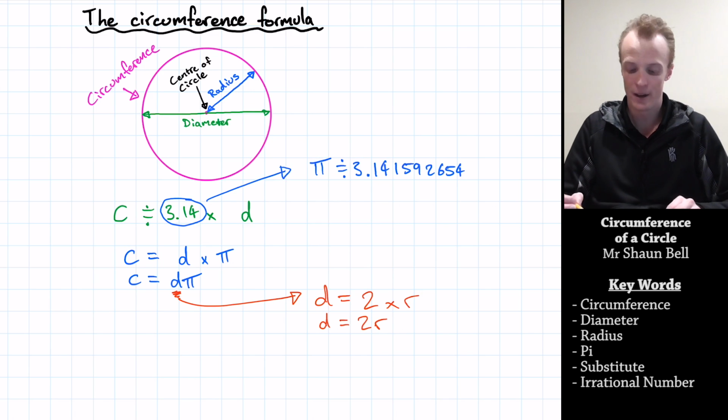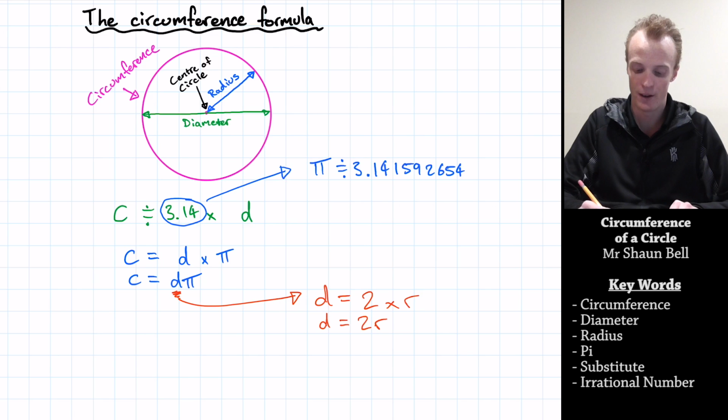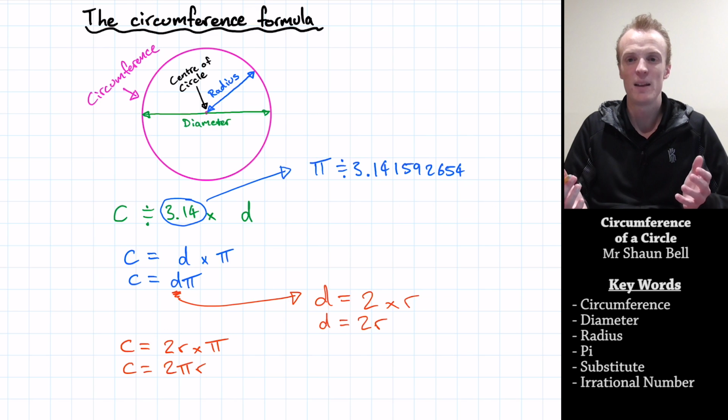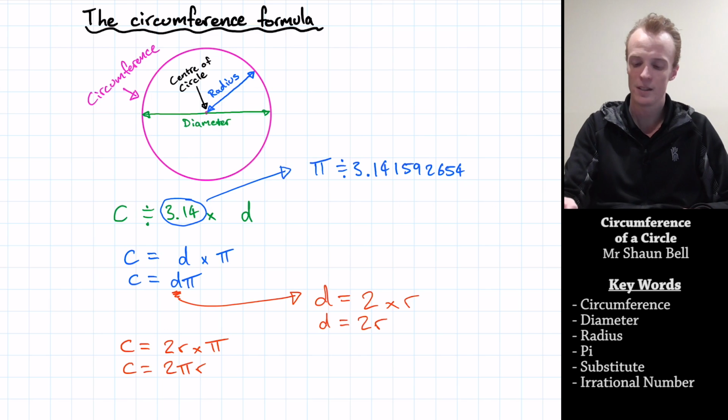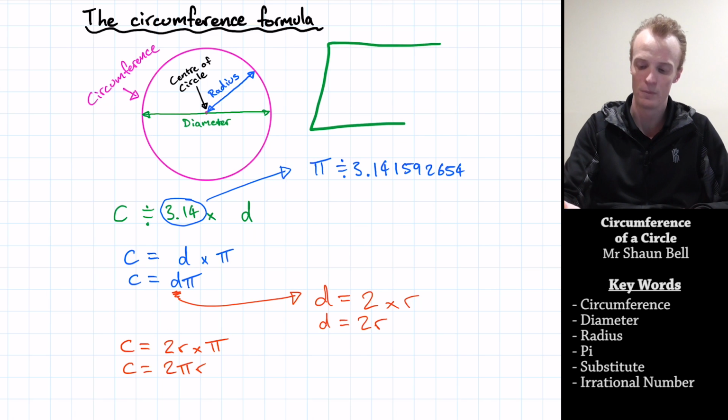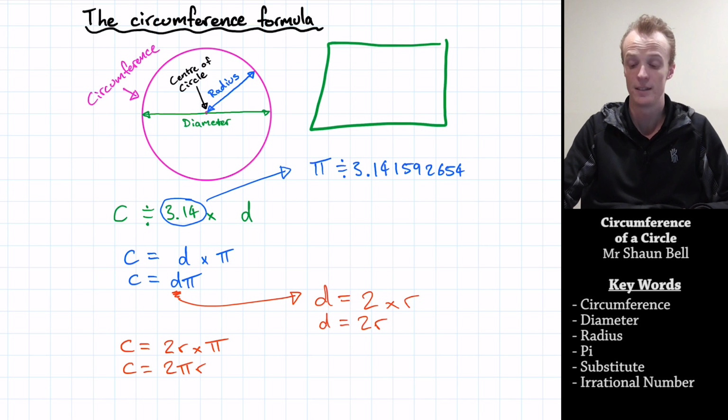So the other form that our circumference formula can exist in is circumference equals 2r times pi, which in mathematics we often write as circumference equals 2 pi r, which is the same as saying 2 times pi times r.